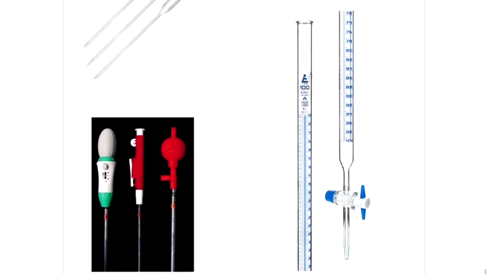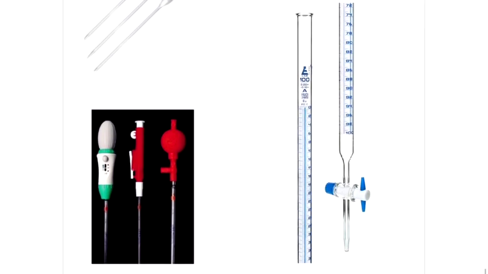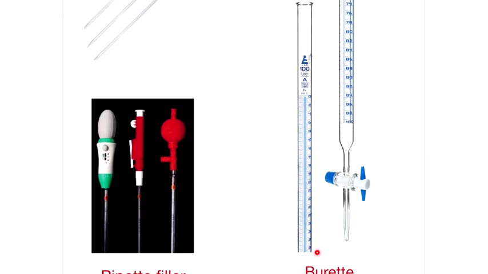And then you're going to see a long tube that's called a burette. A burette is for putting liquid in it and adding liquids precisely. You can see a valve here, so you can slowly turn it.